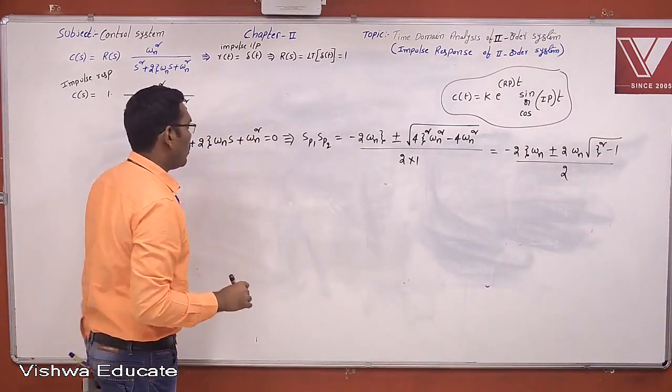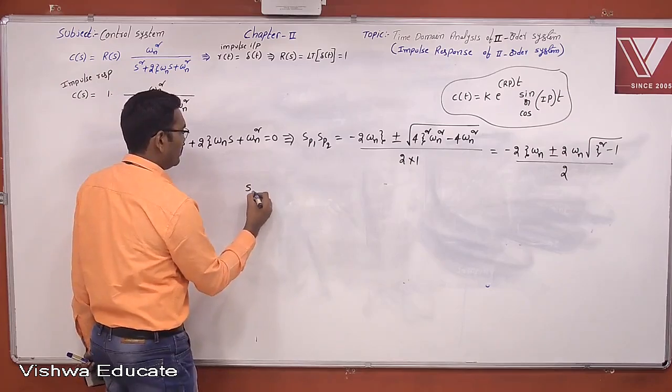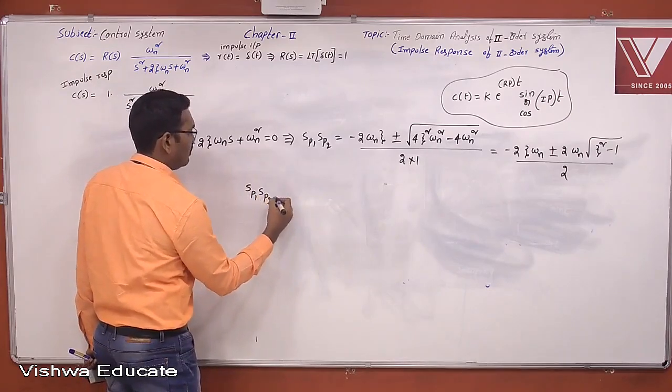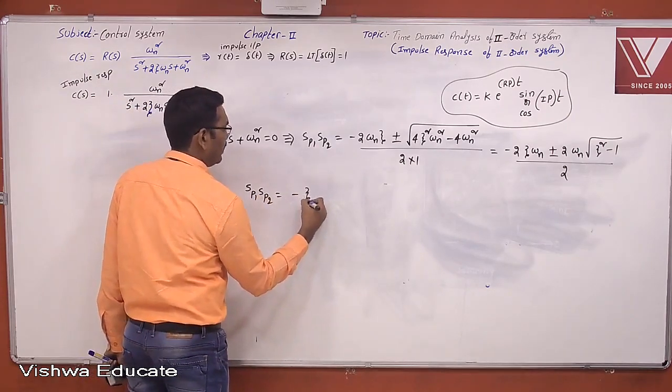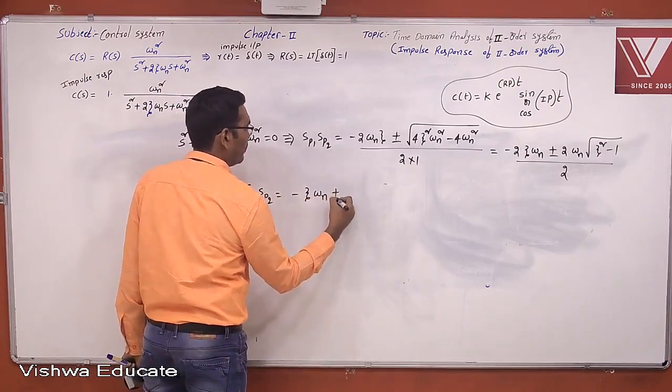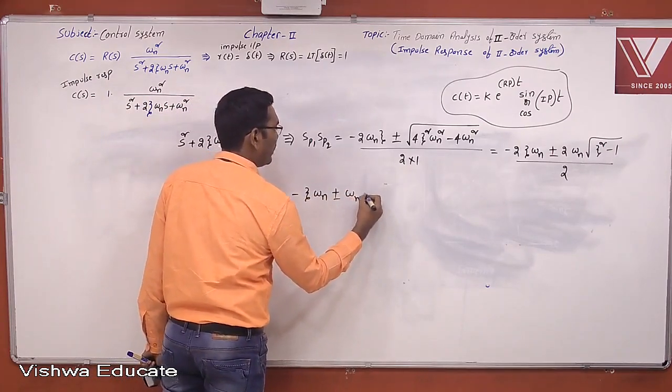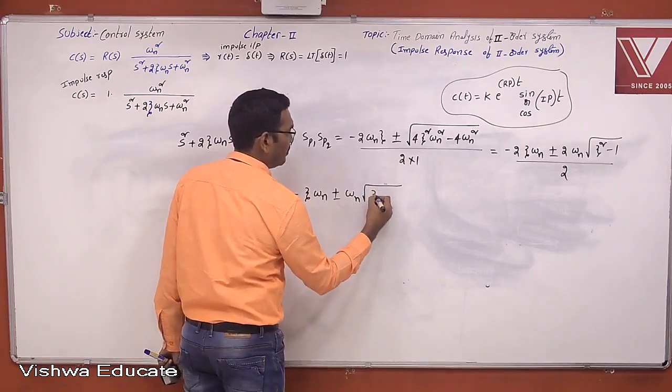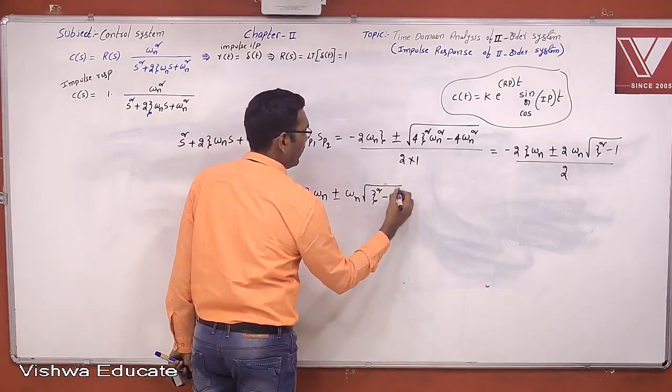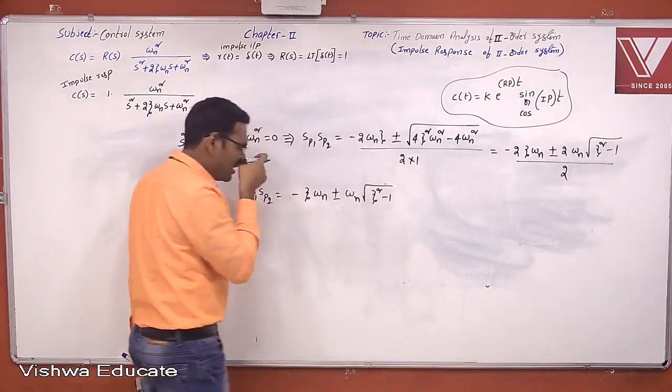Therefore these are the poles location, students. Which is nothing but minus zeta omega n plus or minus omega n into square root of zeta square minus 1. These are the poles location.